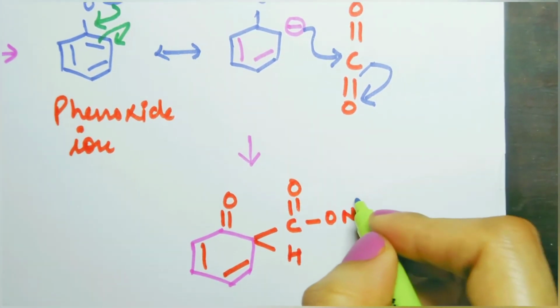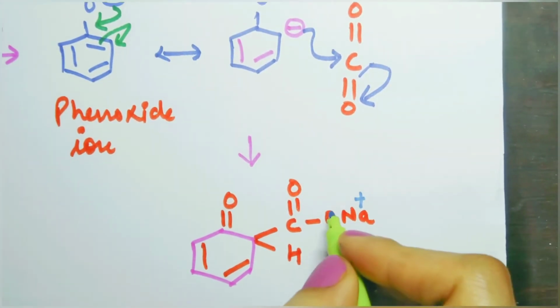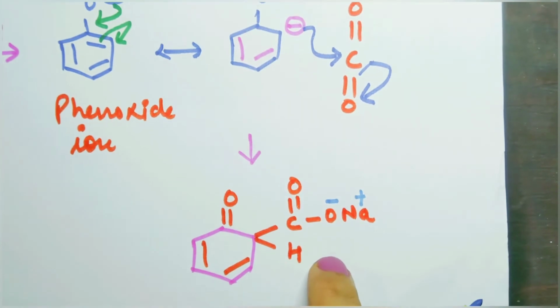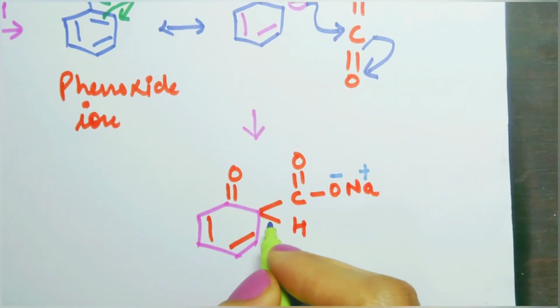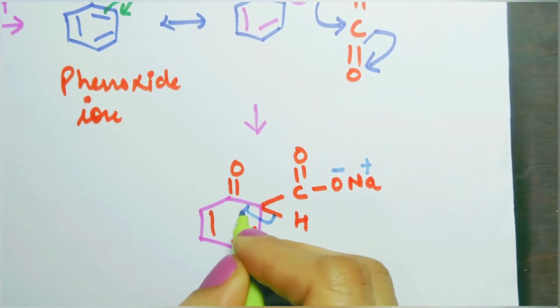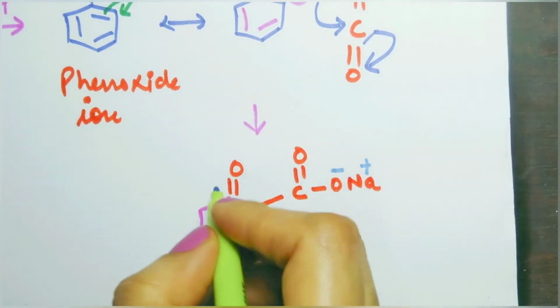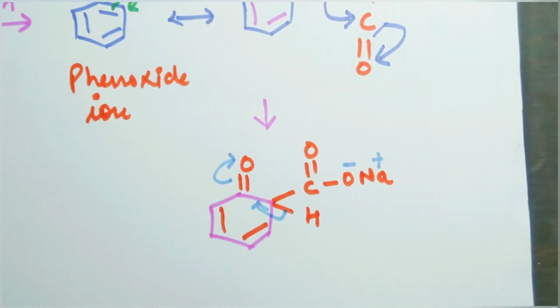Here we are having positive charge on Na and negative charge on oxygen. After that, migration of bond is taking place here, and this one is here.